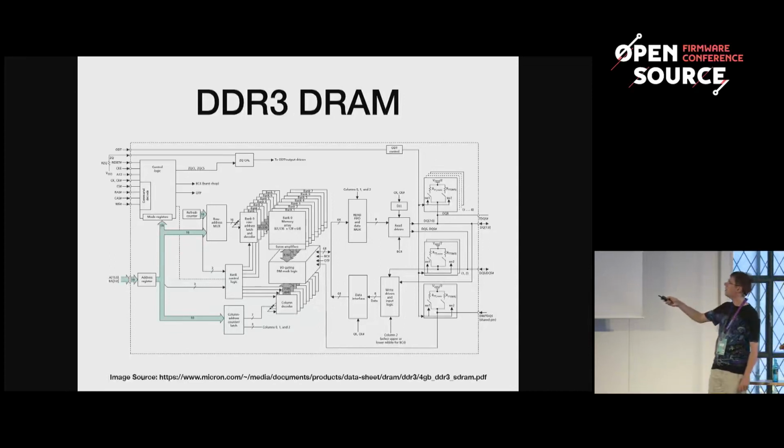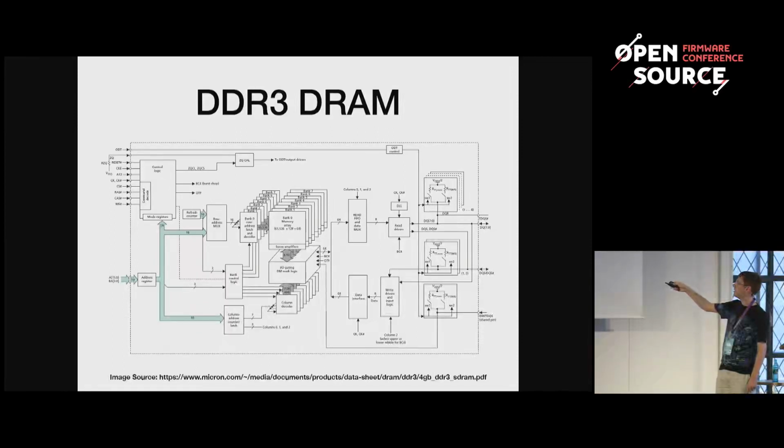Basically, we have 8 banks of memory. And in one bank, it's an array with different rows and different columns. When you access the RAM, you tell first which row you want to access.